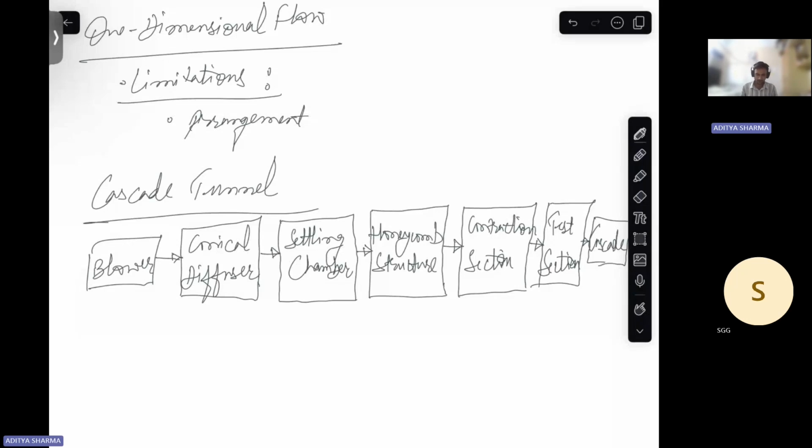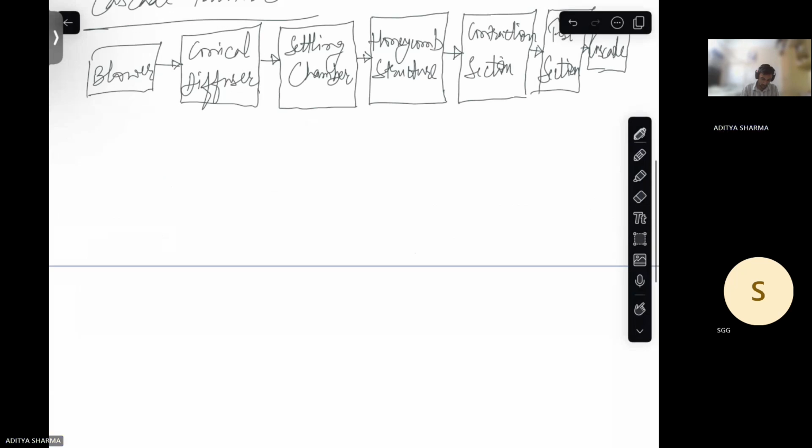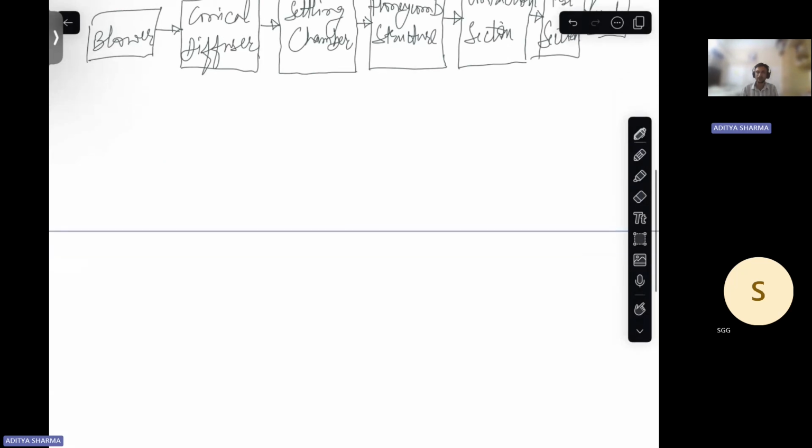So one diagram I will draw, just to show how the arrangement is in the test section of your cascade. So this I'll just draw.